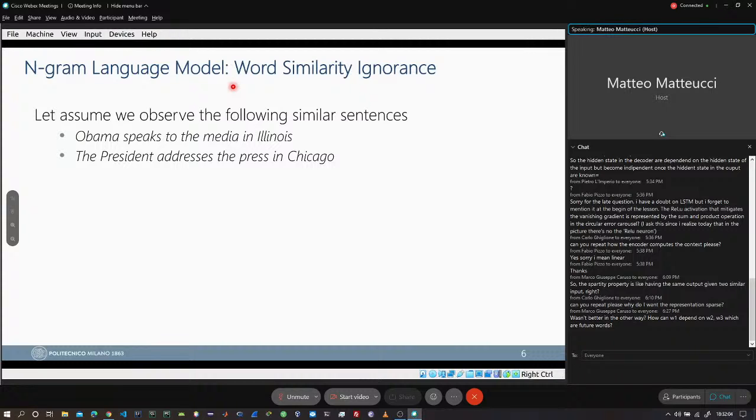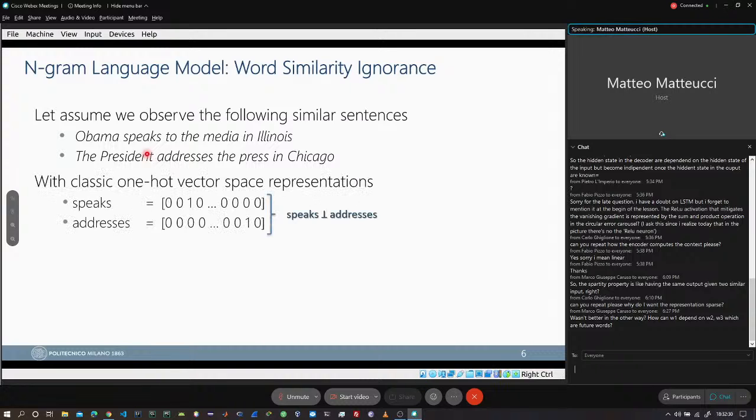Let's see what the problems of the language model are. First of all, if you try to model each word separately, you miss the properties of synonyms or word similarity. If you just model the correlation between words, you're still working with a one-hot encoding model, with the conditional probability of one word given the others.